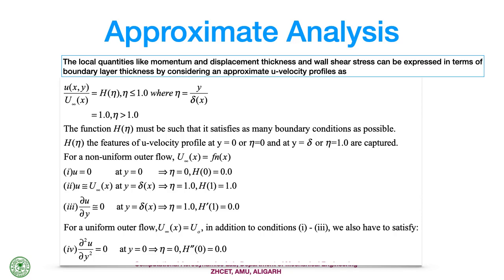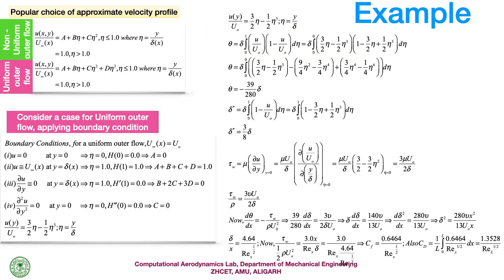Now let us take this example further and assume a velocity profile. If you want to choose any velocity profile, let us take a parabolic form. If you want to use a uniform outer flow, then you need to choose only the minimum choice of the three constants A, B, C, so a quadratic equation you can choose.